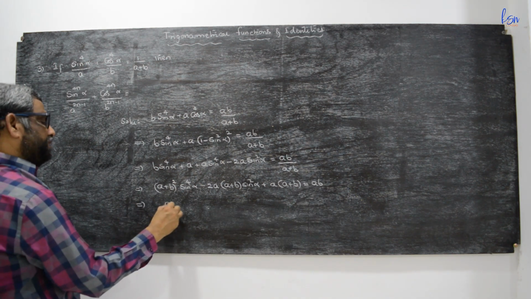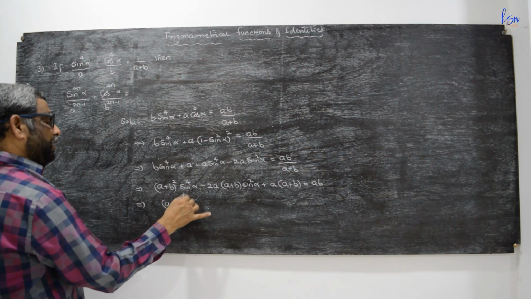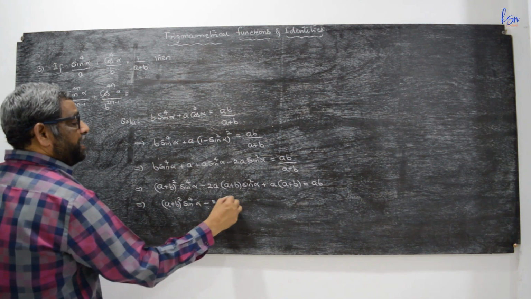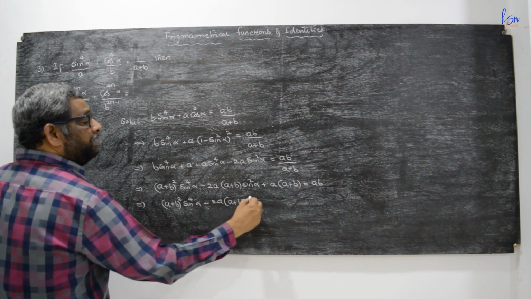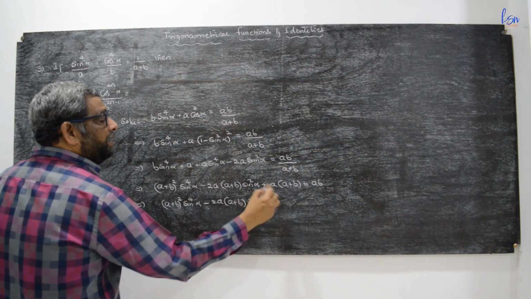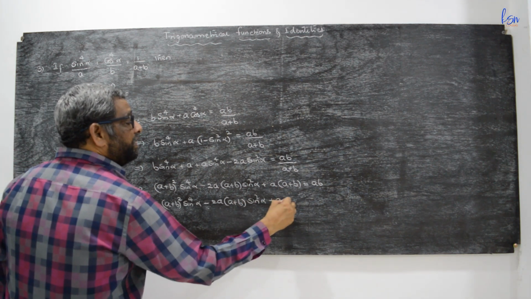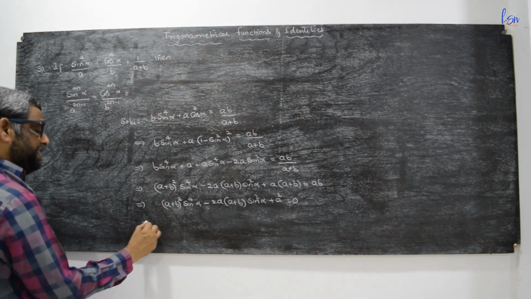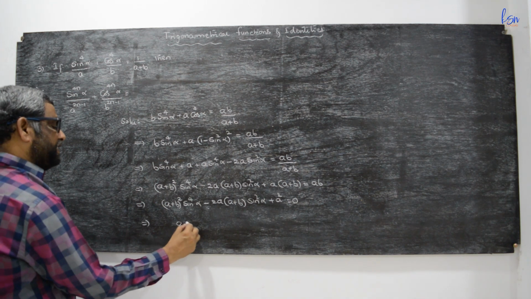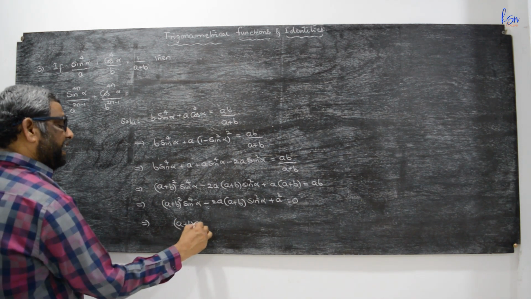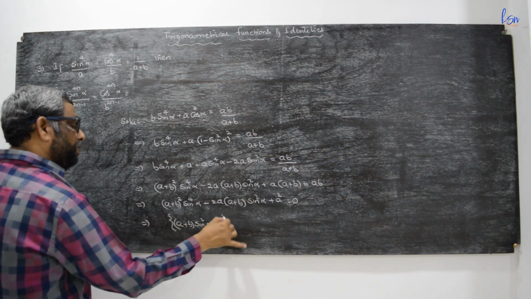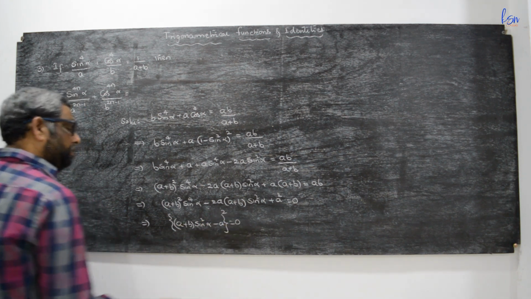This implies a plus b whole square into sin to the power of 4 alpha minus 2a into a plus b into sin square alpha, plus a square plus ab, and this ab gets cancelled. Now this is a perfect square: a plus b into sin square alpha minus a, whole square is equal to 0.